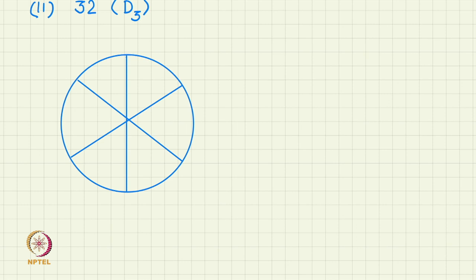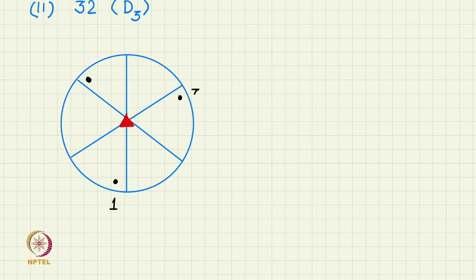I start with a general point there, which corresponds to the identity operation. I place a three-fold in the center. So, my three-fold axis is the vertical axis, and I generate two more points by 120-degree rotation to complete this three-fold axis.